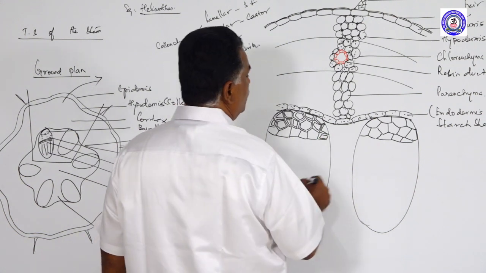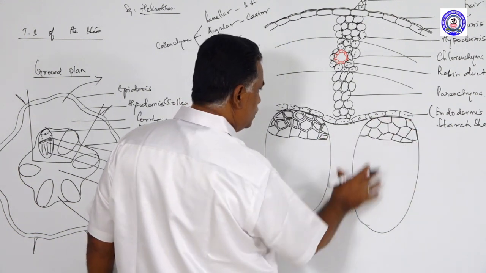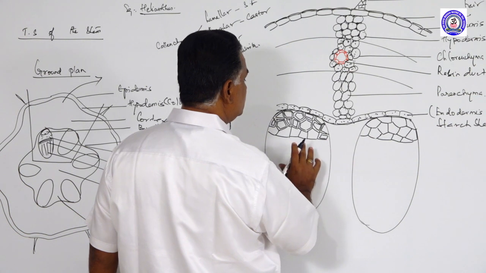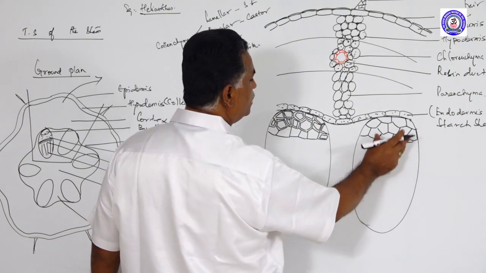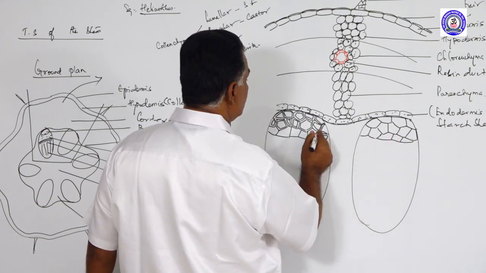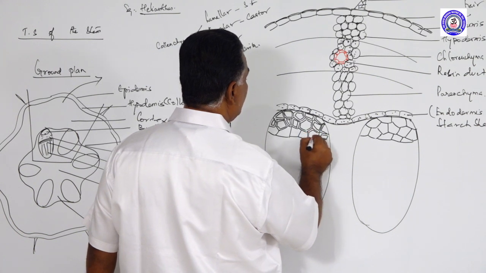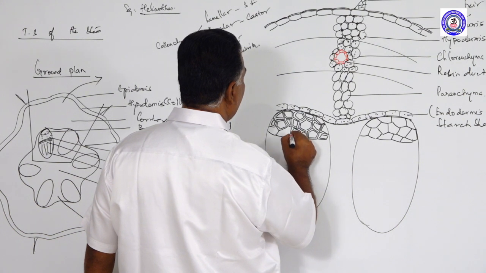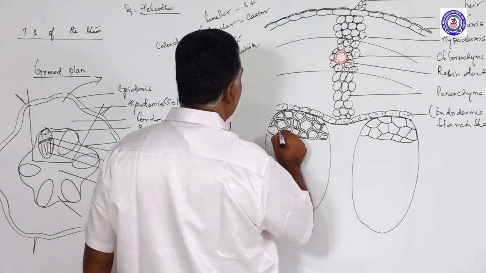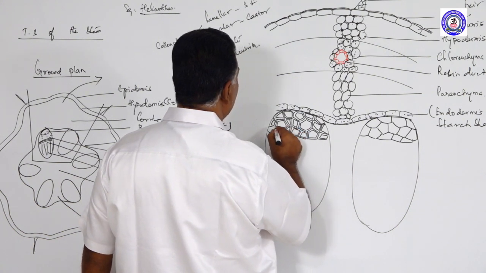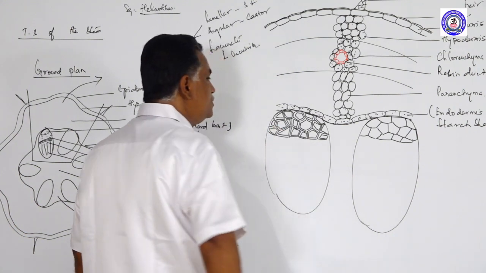See, I am not going to draw all things here. What I draw here is applicable to this structure also. So this is the vascular bundle. We are drawing the pericycle. See, pericycle.